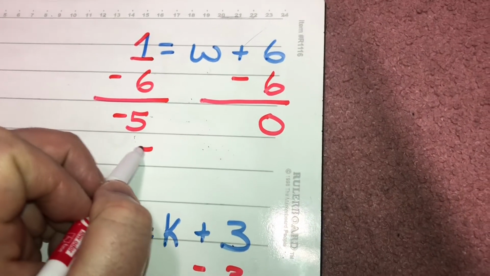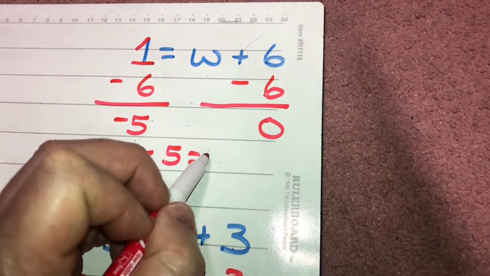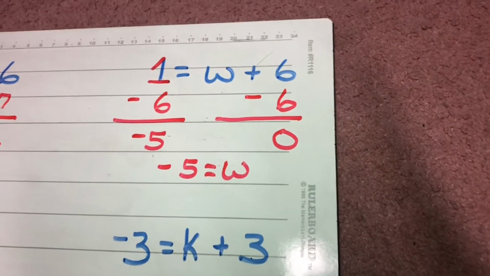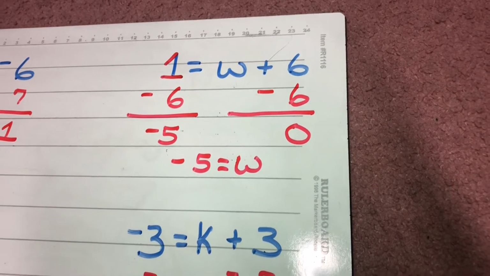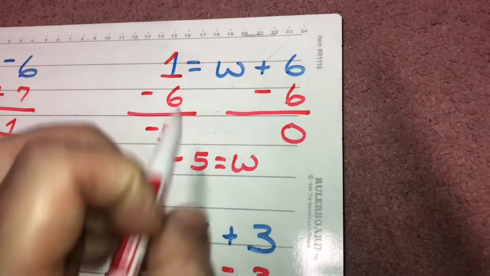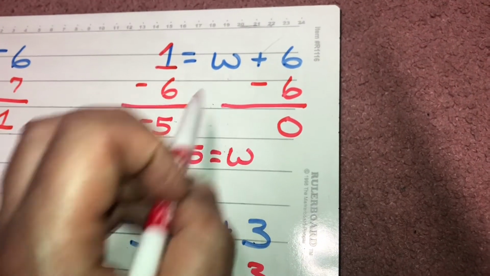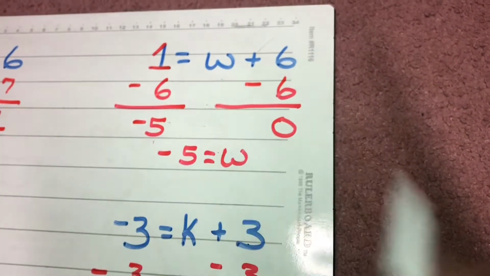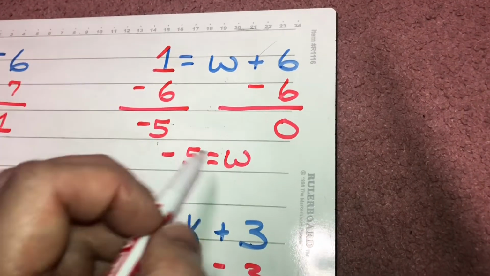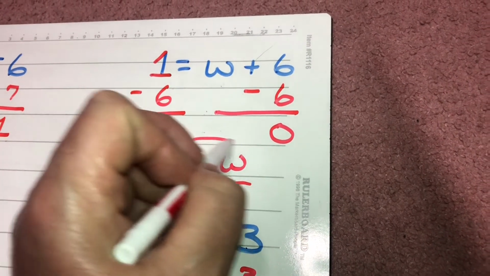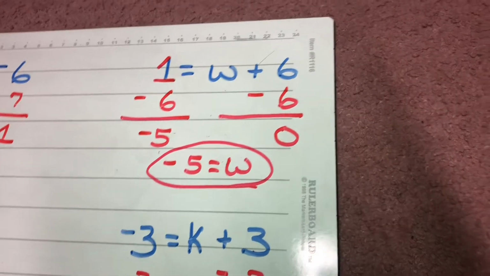So this leaves me with negative 5 equals w. And sure enough, if I take negative 5 plus 6, that leaves me with 1, which is what I have here. So that is my final answer. All right, let's move into multiplication and division.